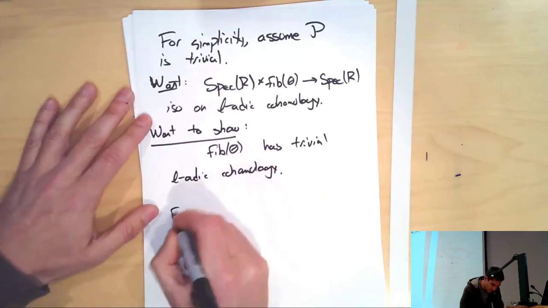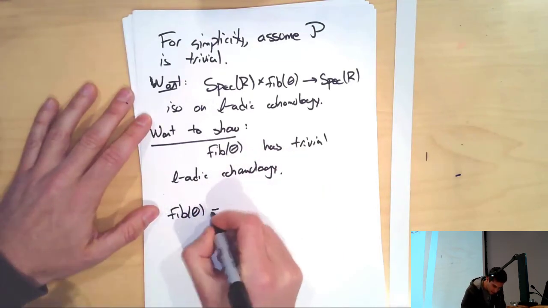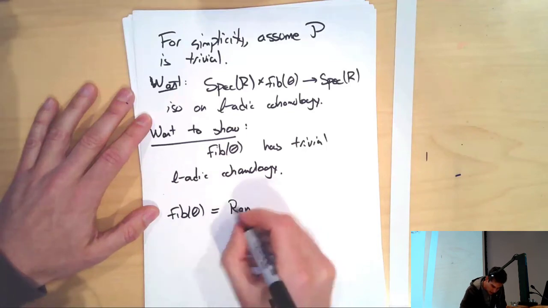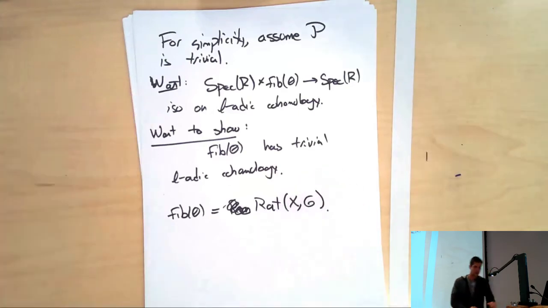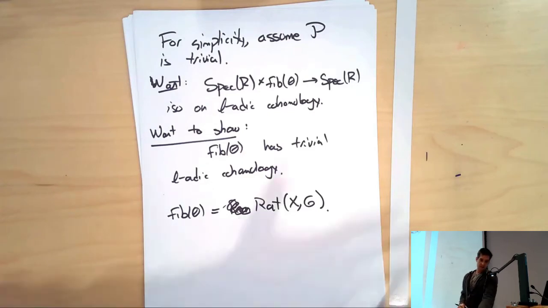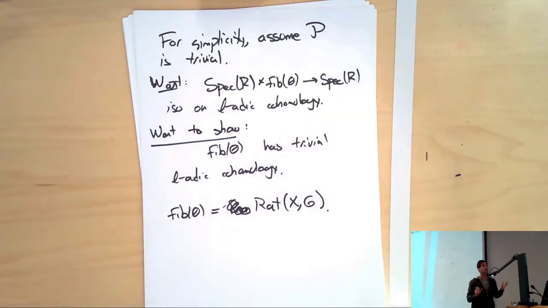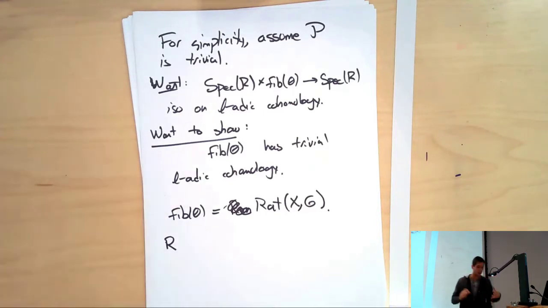So what does the fiber of theta look like? Let me give that a name. Let me call this Rat(X, G). So what is this? Well, by definition, the points of Ran GX are given by finite sets together with a G-bundle and a trivialization of that G-bundle away from that finite set, finite subsets of our curve. Now, when I take the fiber of the map theta, I'm fixing that G-bundle to be the trivial G-bundle.